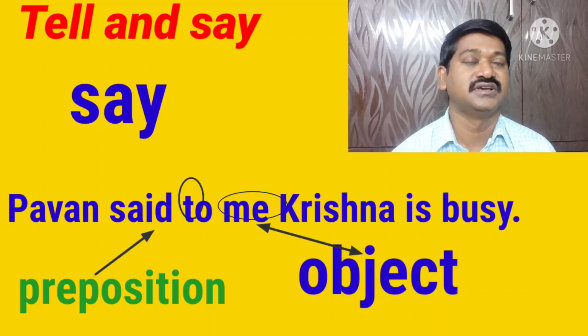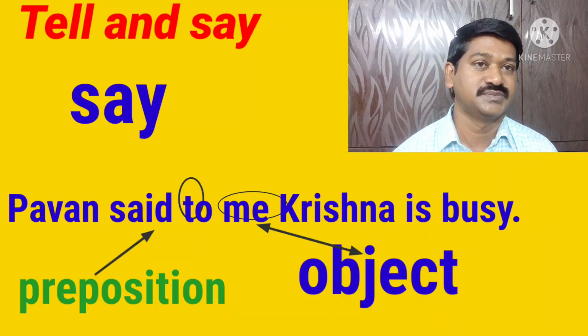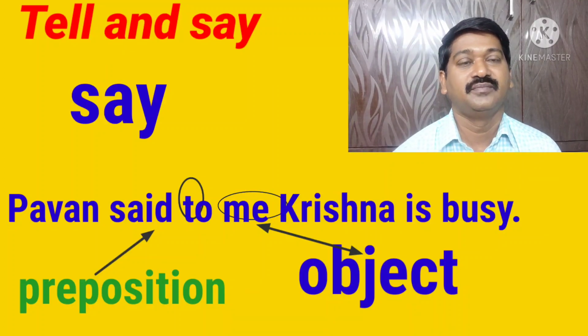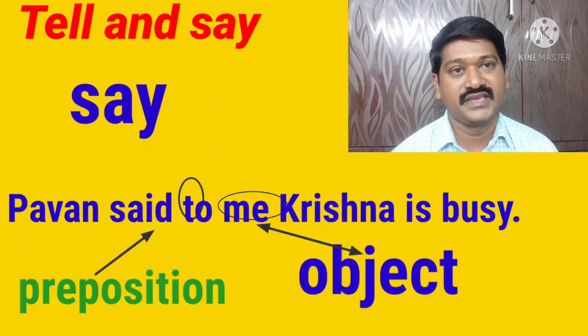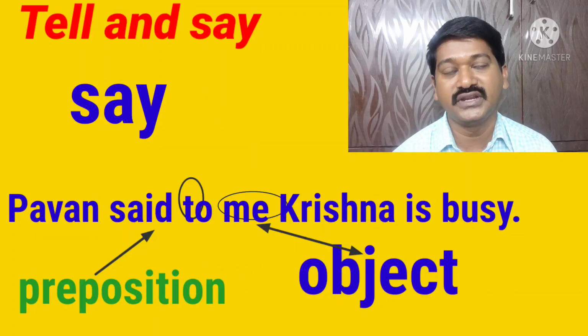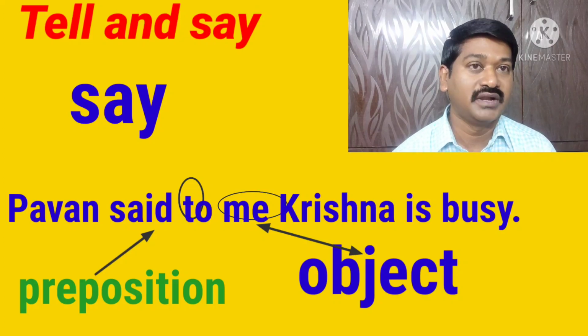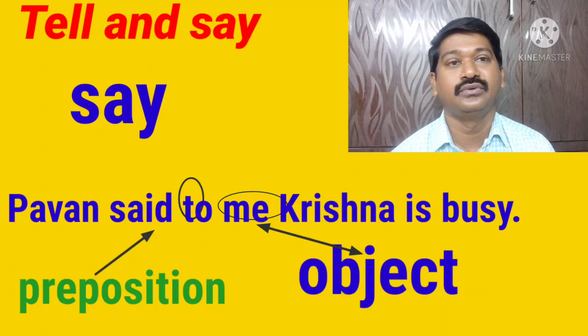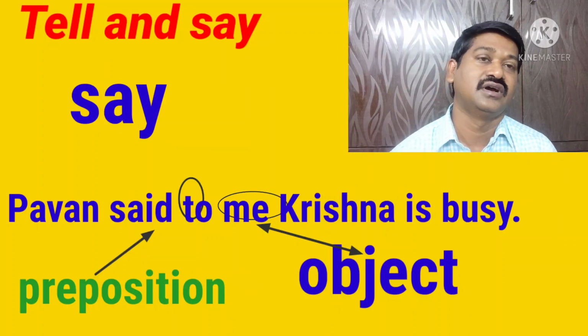Said to me, me is the object, so this is the exemption to that rule. After say or said there is no need for an object, but after said to we must use the object.